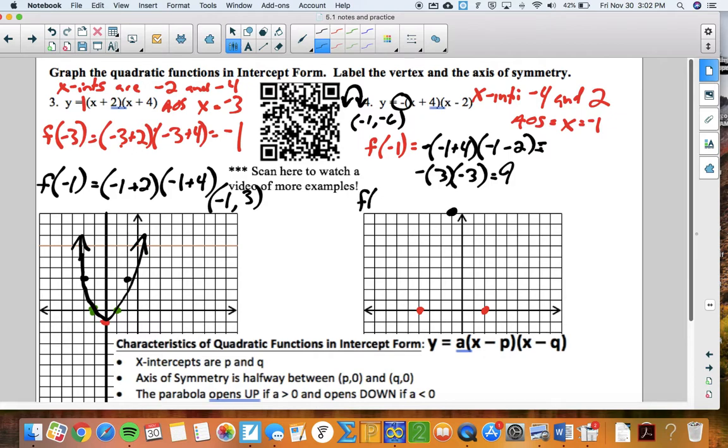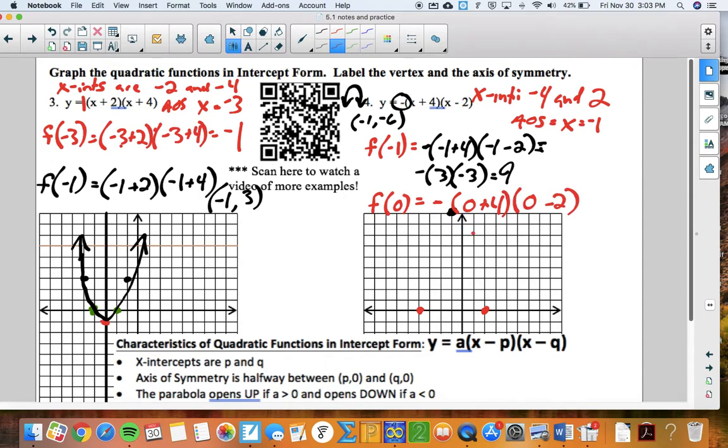Let's figure out what y is when x is 0. Well, I shouldn't say that's going to be easy because, you know, stuff happens. But let's do, so the opposite of x 0 plus 4 times 0 minus 2.